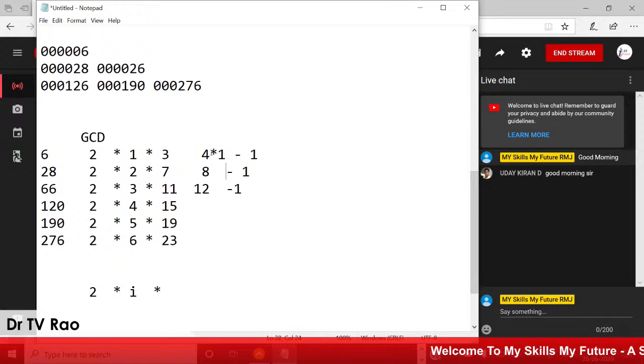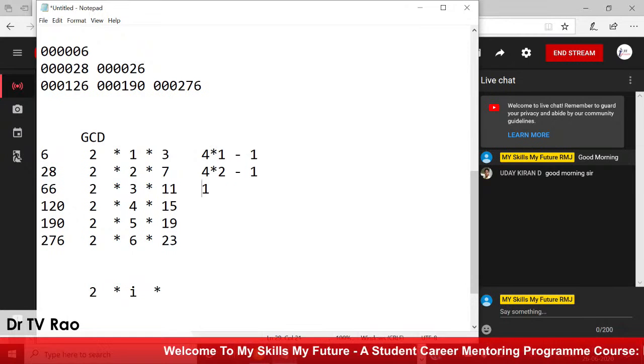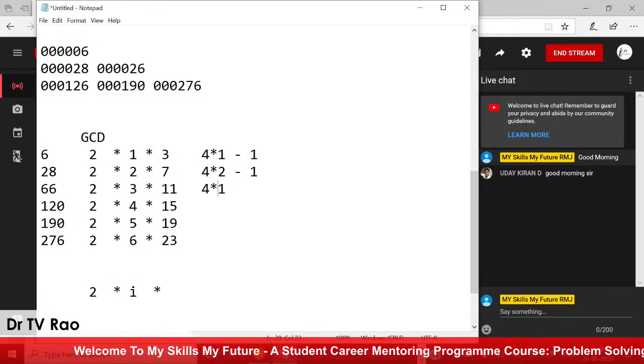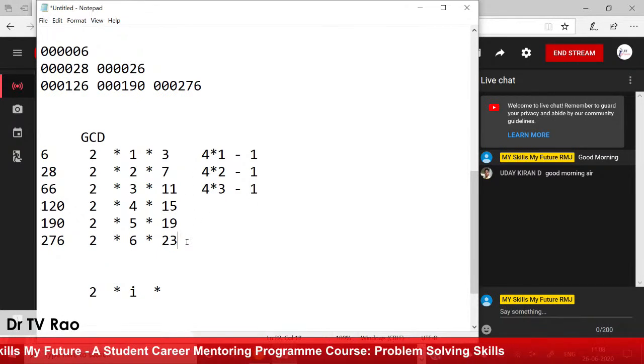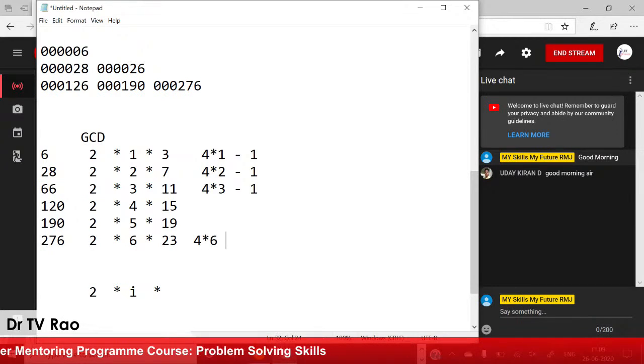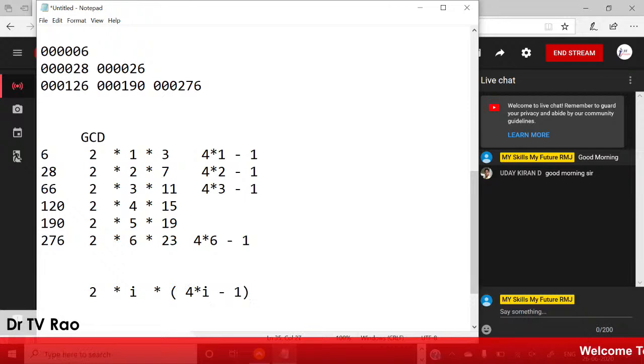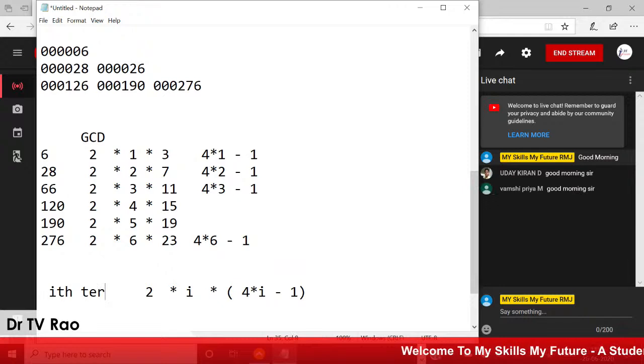It is 4 into 1 minus 1. This is 4 into 2 minus 1, and this is 4 into 3 minus 1. So this is 4 into 6 minus 1. So what is any number then? This is 4 into i minus 1. So this is the ith term.